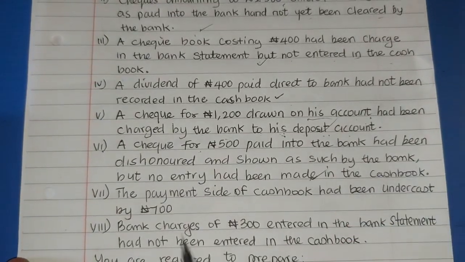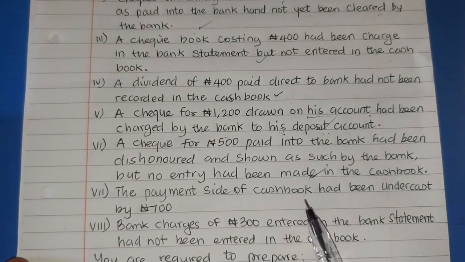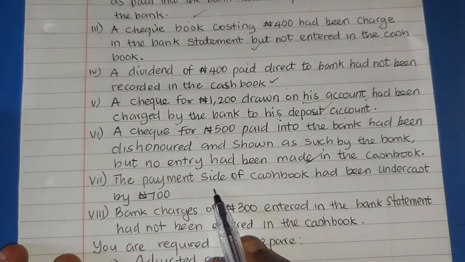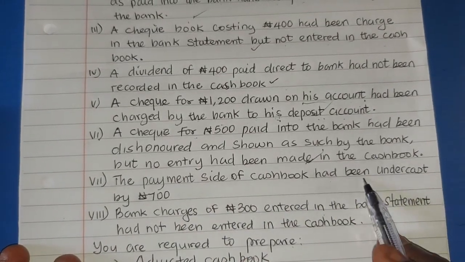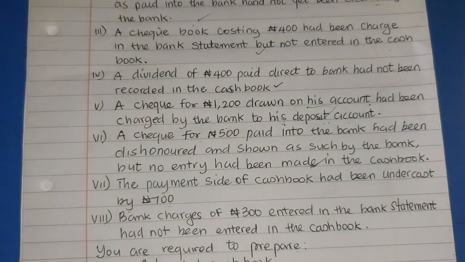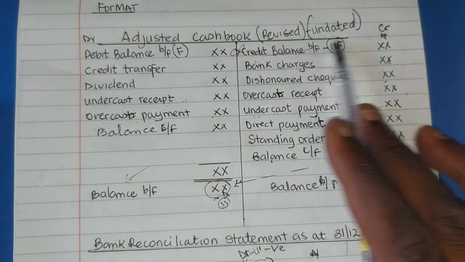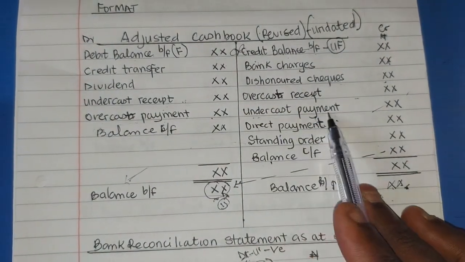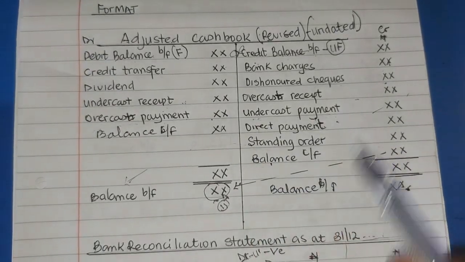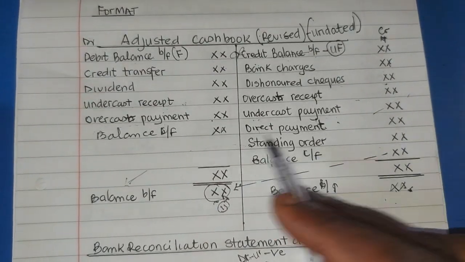Then we have the payment side of the cash book. And what is the payment side? Of course, that is the credit side of the cash book. The payment side of the cash book had been undercast by 700. So from the formats, when you have undercast payments, it will be credited back to the cash book because this side has been reduced by that amount.